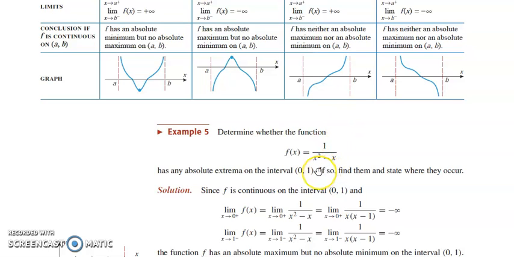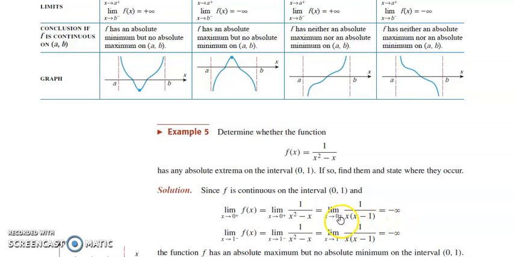Your denominator is x into x minus 1. So you can see that the roots are 0 and 1. So at 0 and 1 the denominator is 0. So when you take limit x tends to 0 plus, x is positive and x minus 1 will be negative when x is near 0 plus, so therefore you are getting minus infinity.